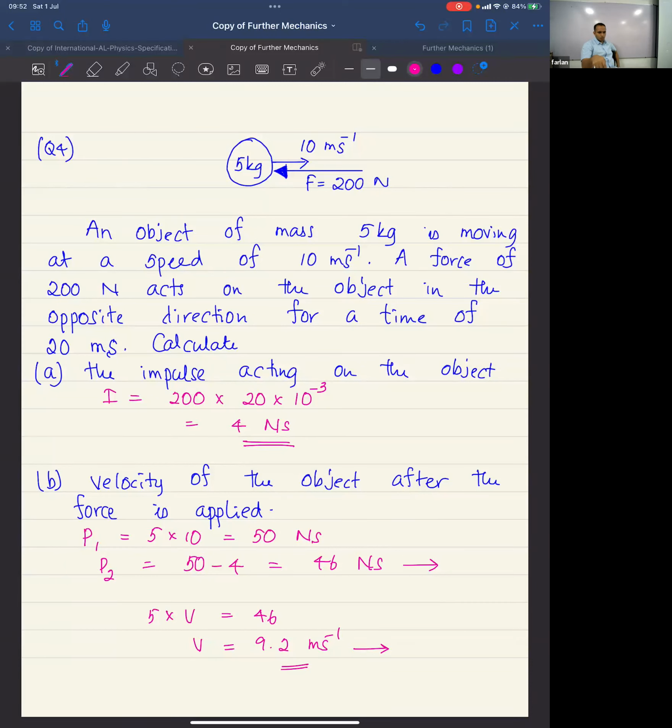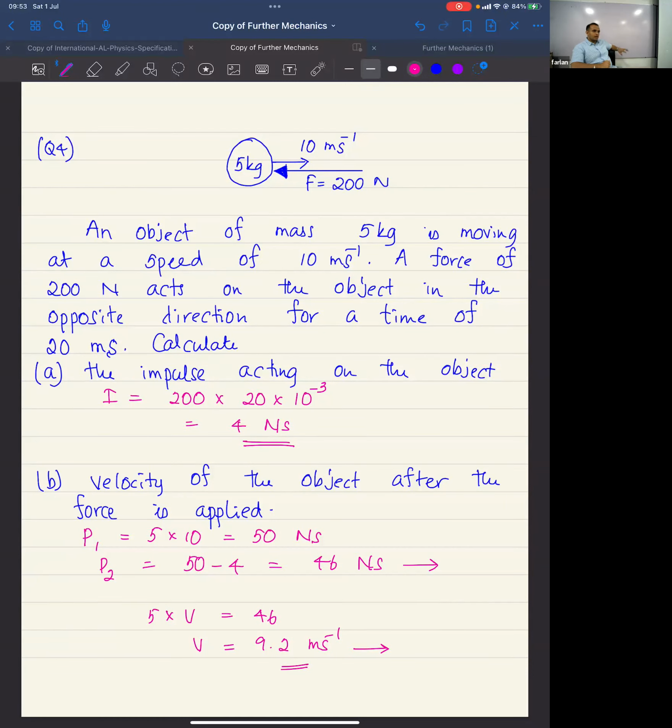So what was the initial momentum? 50. If you can give an impulse of more than 50, you can make it move in the opposite direction. Here the impulse we gave is only 4. Get it?